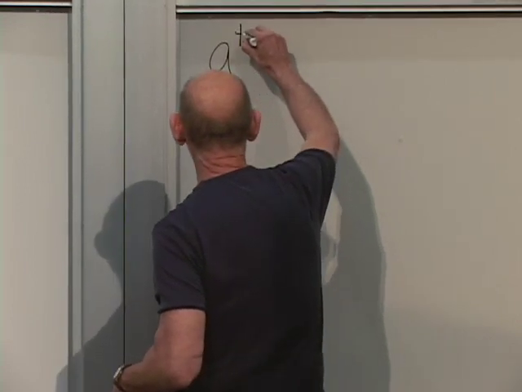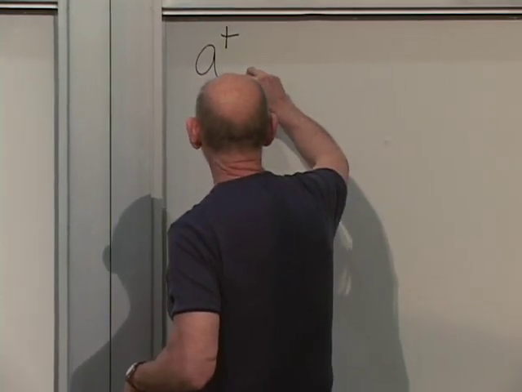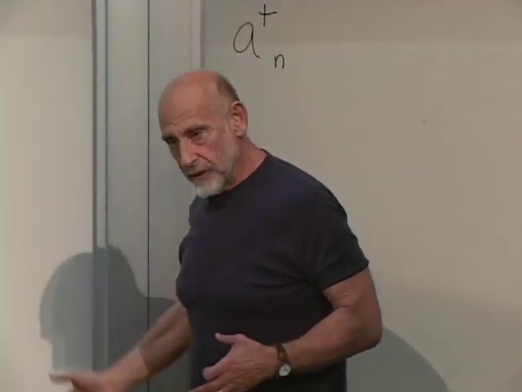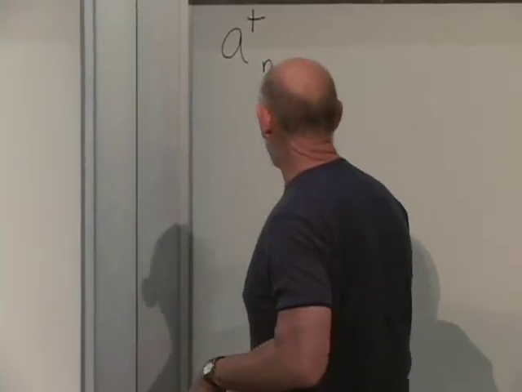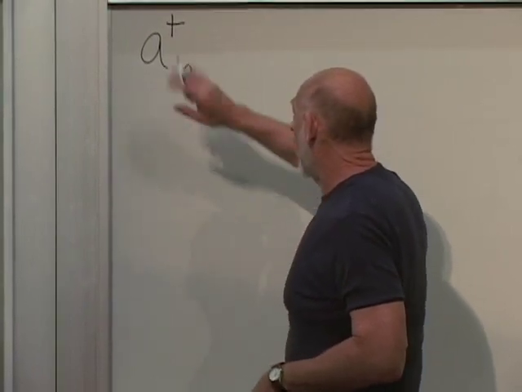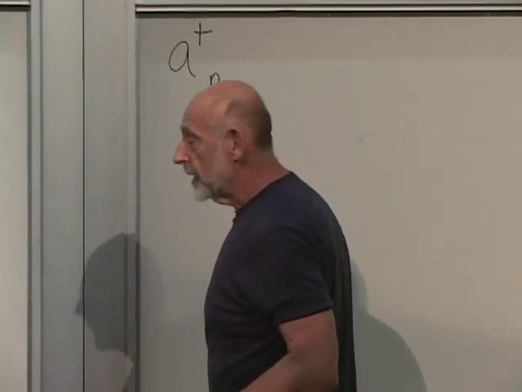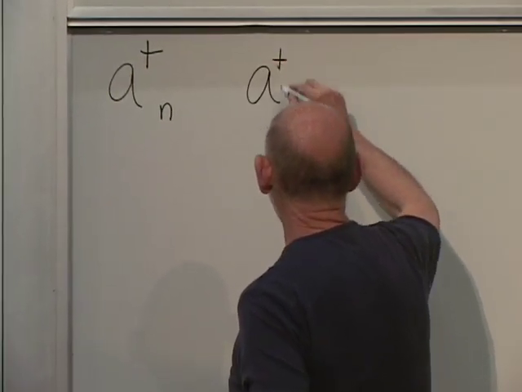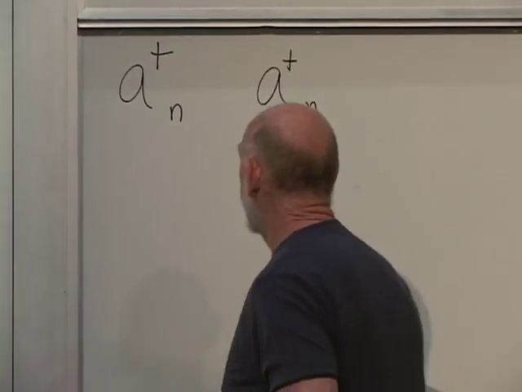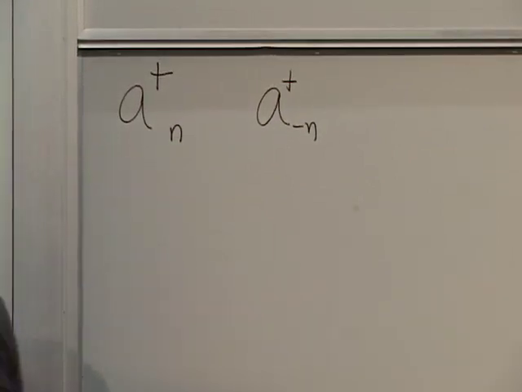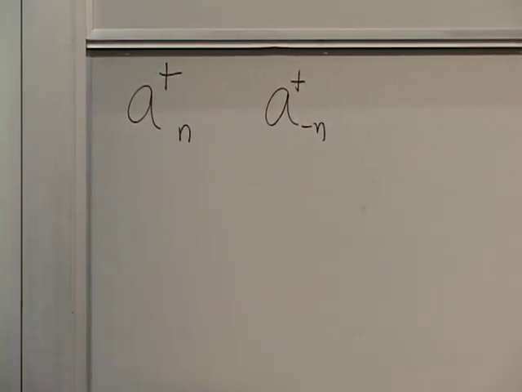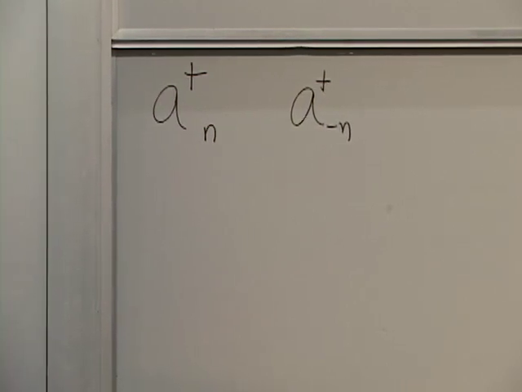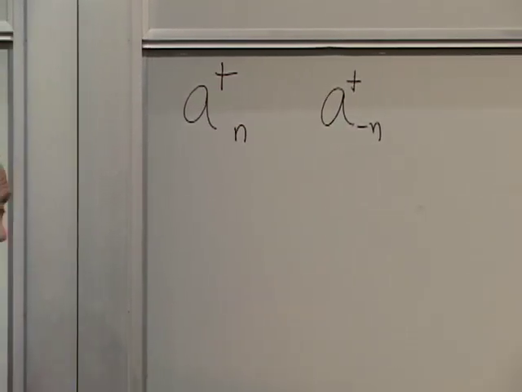The creation operators can create an excitation moving, let's say, to the right, and we'll just call it A plus sub n. It can also create a different operator, A plus of minus n. If this one creates a right-moving wave on the string, then the other one creates a left-moving wave on the string. Okay, so we first of all have that decomposition.